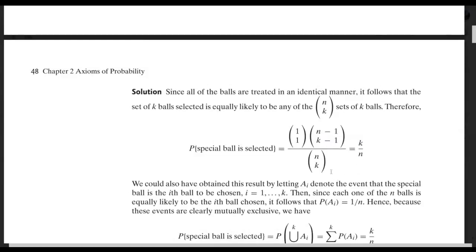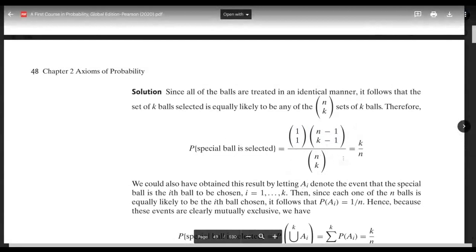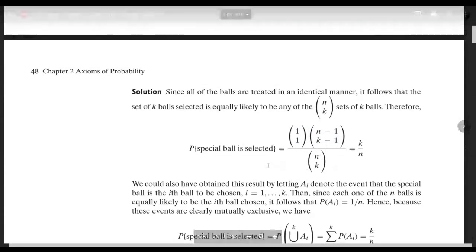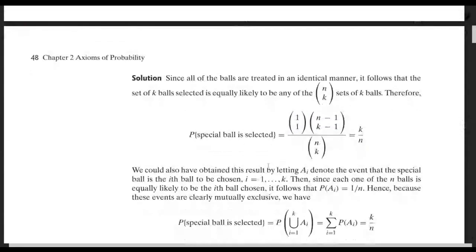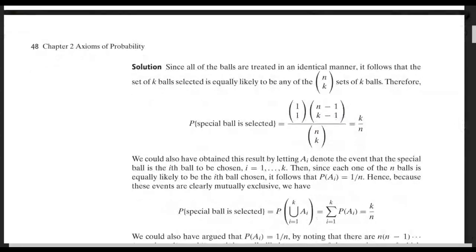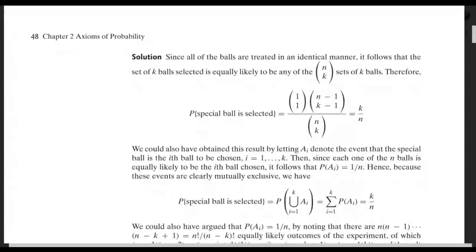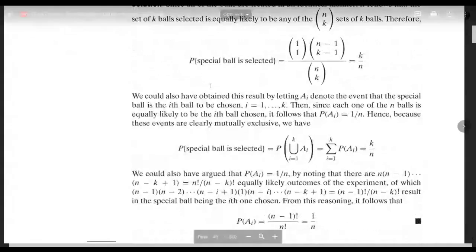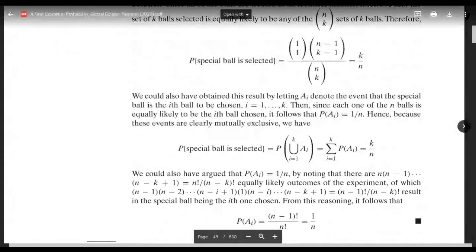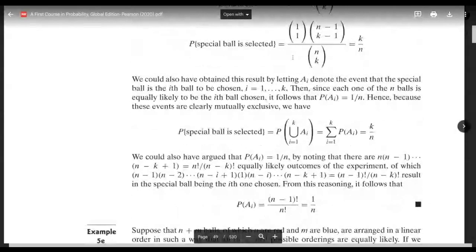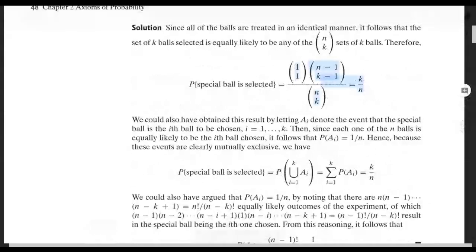So the calculation is omitted. Anyone has any questions? Well, the bottom shows you another way of obtaining this one, but I don't want to go over there. I think this is the best way to think about the probability, all right?